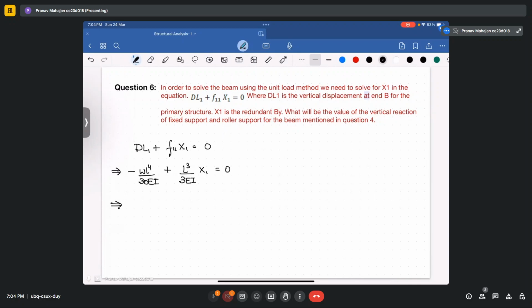So your H1 comes out to be WL4 upon 30 EI into 3 EI upon L cube, and that will be W upon 10. This is your By.